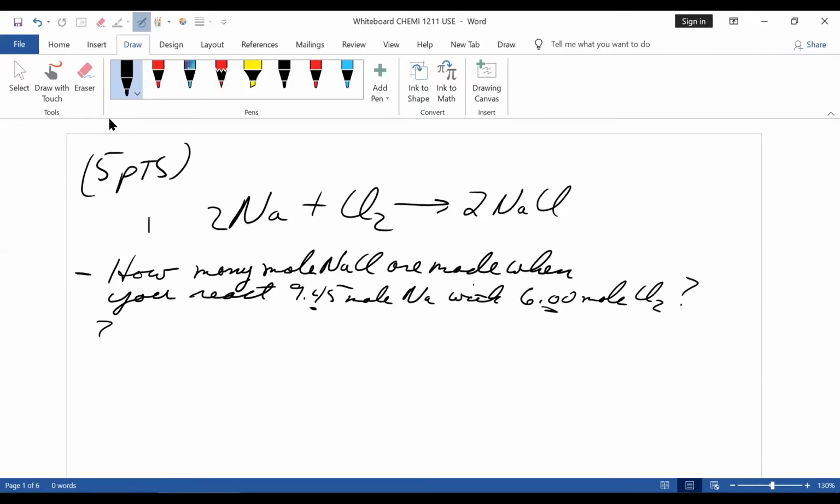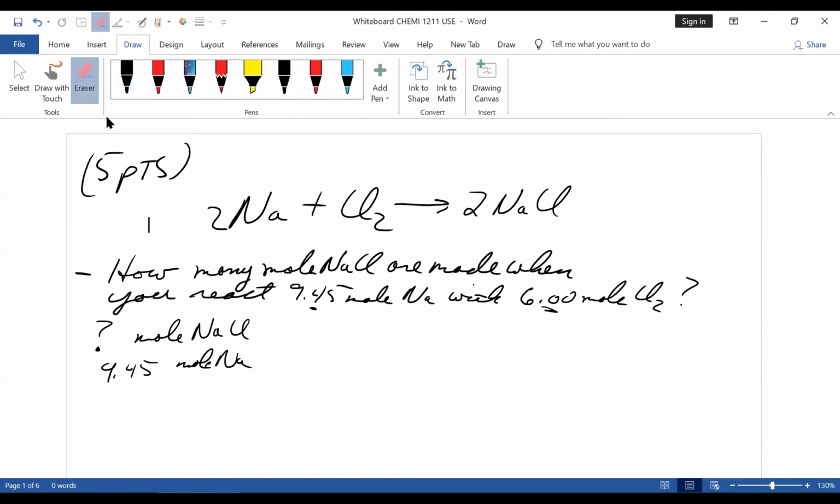So what are we trying to find? Moles of sodium chloride. What are we given? 9.45 moles of sodium. That looks ugly.